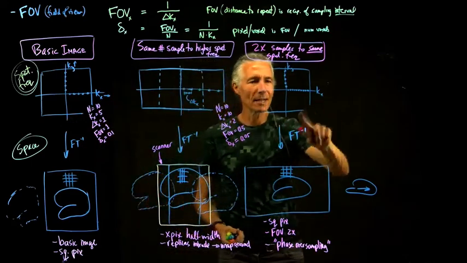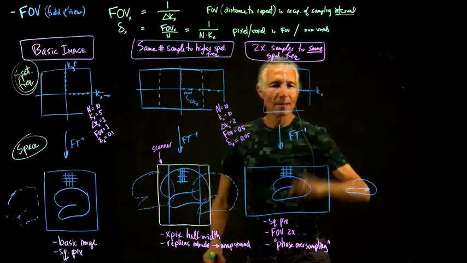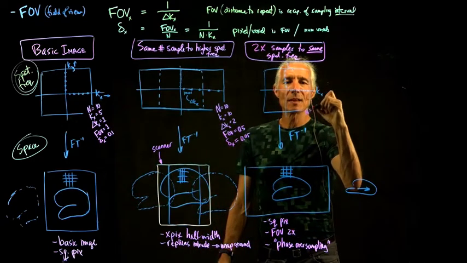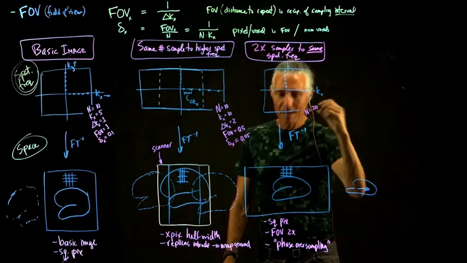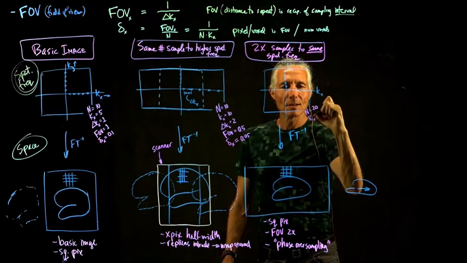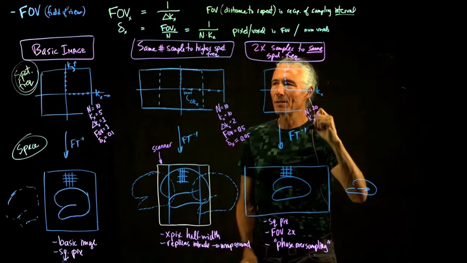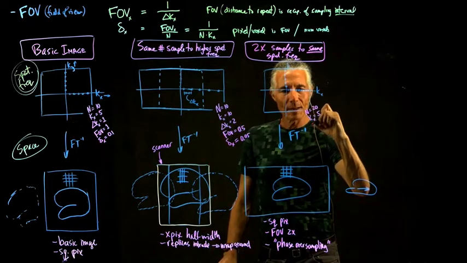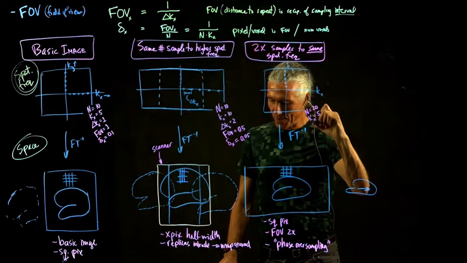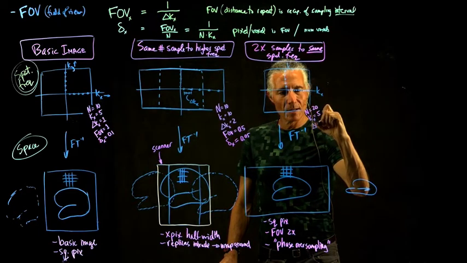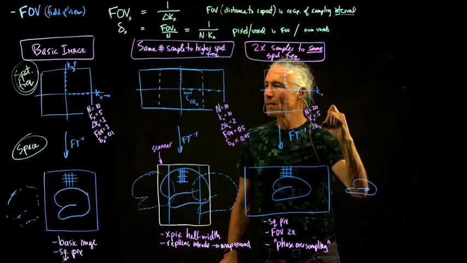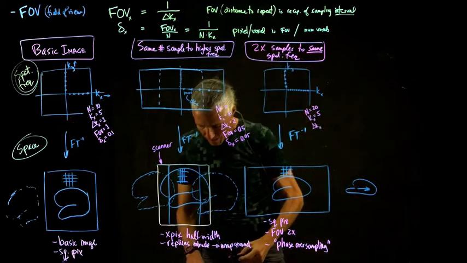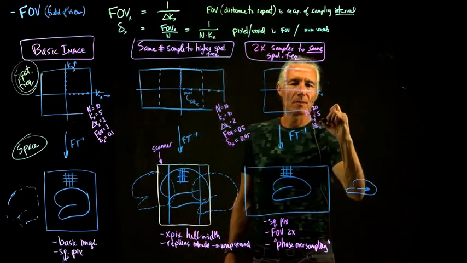Okay, so what about this guy? Now we've got number of samples equals 20, and we're still going up to spatial frequency 5 instead of 10 over here, and our sampling interval is 0.5.